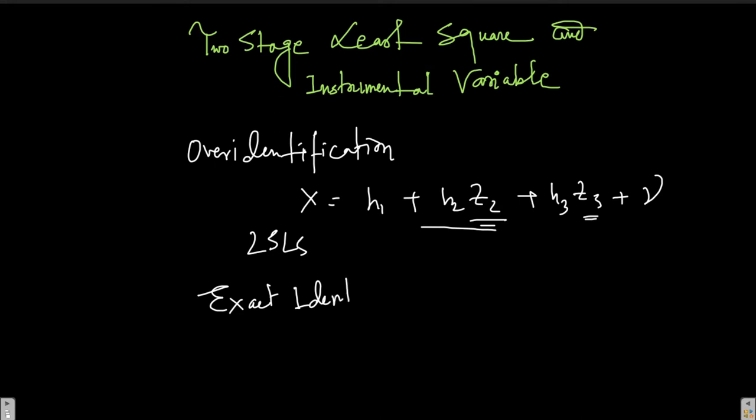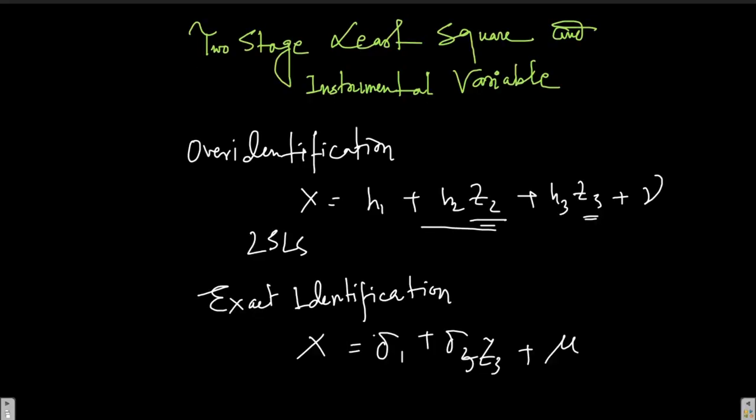But the strategy remains the same, in the sense that we have the first stage, where we do the OLS estimation, and in the second stage, we use this estimation to do the actual regression equation. So here we can write something like delta 1 plus delta 2 x, or delta 3 Z3, and some error term, let's say mu. So in this case, this is an IV, whereas in over-identification, we call it 2SLS.